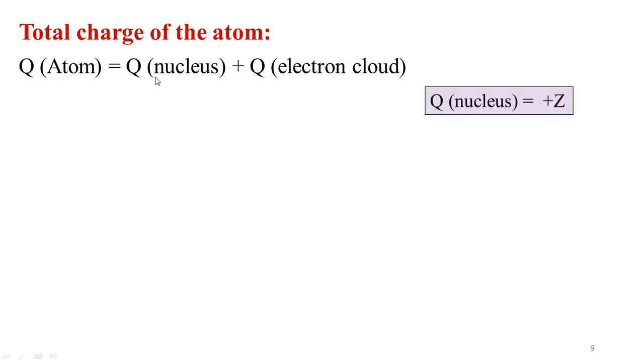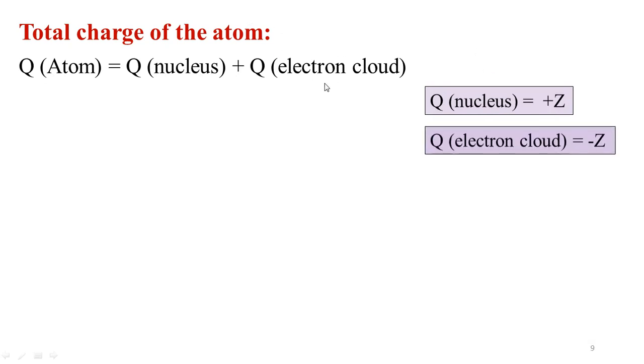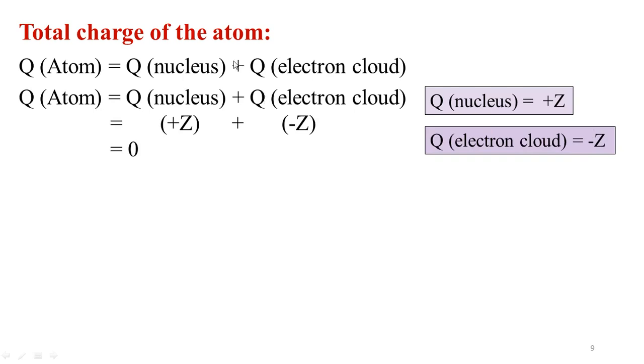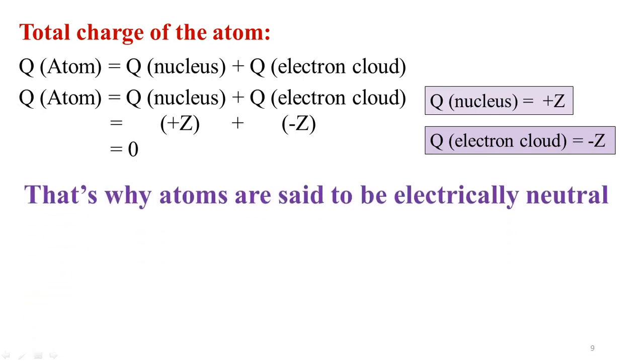So the charge of the nucleus is equal to plus Z, and it's verified, while the charge of the electronic cloud is equal to minus Z. So by substituting them, we can say that the total charge of the atom is equal to 0. That's why atoms are said to be electrically neutral. They are neutral, they don't have charge.